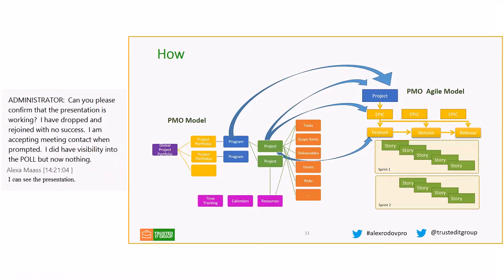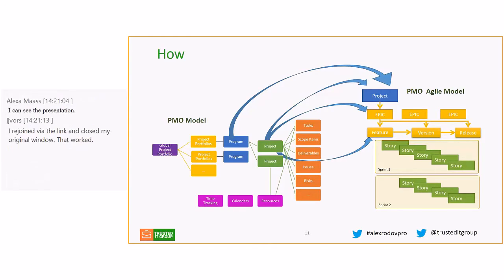Let me add a couple more links here, just to make life a little easier to manage. So these arrows show the different ways you're capable of connecting your classic waterfall PPM model to the agile model.